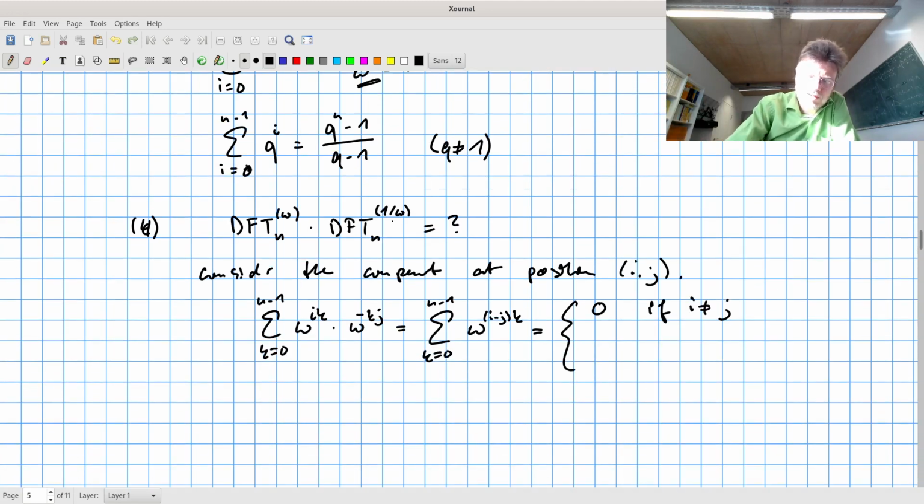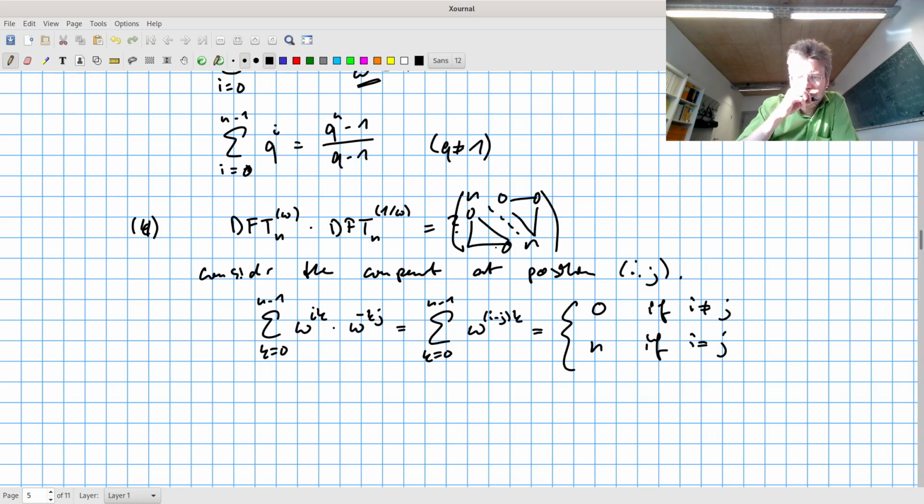In this case I can say what it is explicitly, because then I have 0 in the exponent, so omega to the 0 is 1, and I'm summing up n ones. So the result is n if i is equal to j. So on the diagonal I have n's, and otherwise I have zeros. This means that this is n times the identity matrix, and that's exactly what was claimed in the lemma.